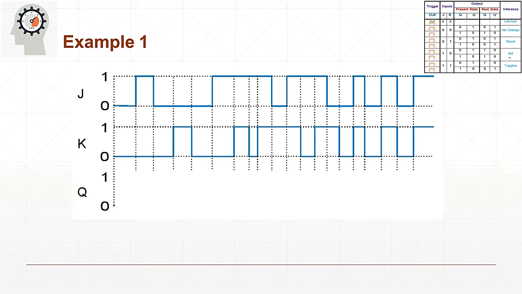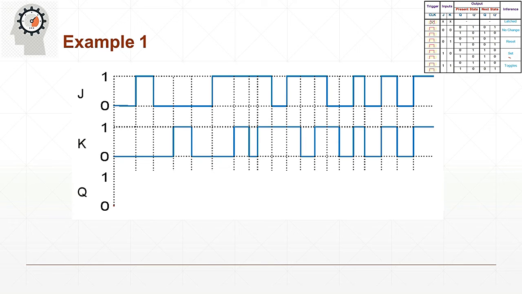If the inputs are both 1 in J and K, the state is complement, which means whatever the previous value, the next value is the complement of it. For example, if your previous value is 0, the complement of it is 1. Or, if your previous value is 1, the complement of it is 0.